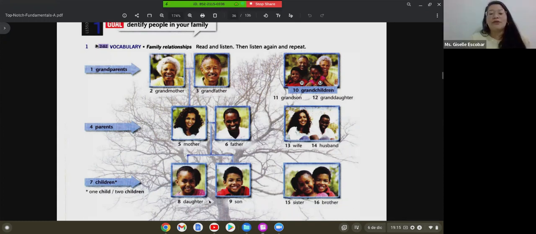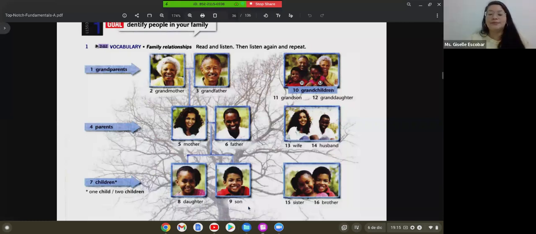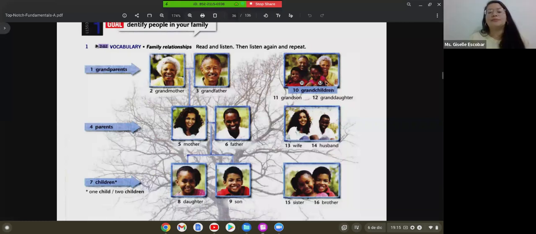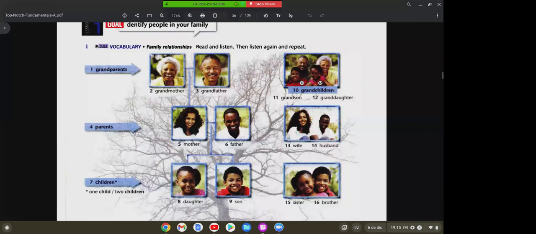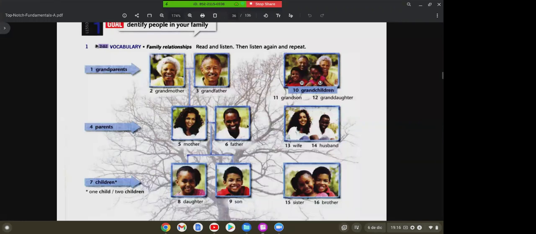Okay, we have number 8. Daughter. And we have number 9. Son. We have number 10. Grandchildren. Son nietos, nietos en general, ya sean niños o niñas. Grandchildren. Okay, number 11, grandson.